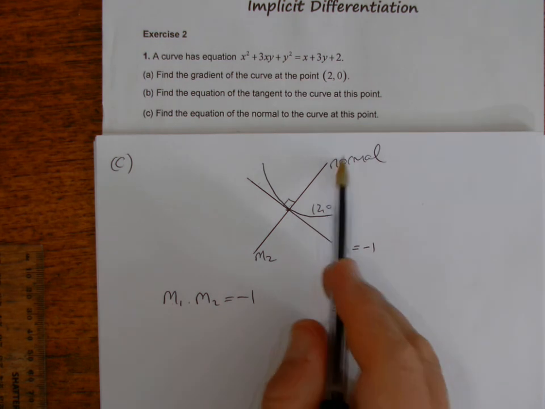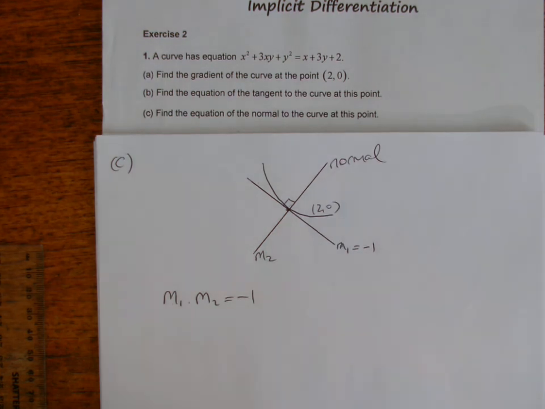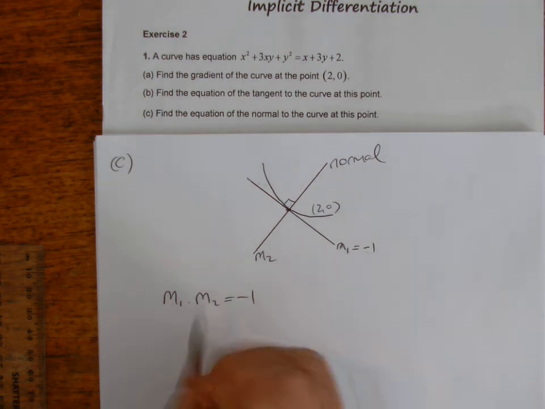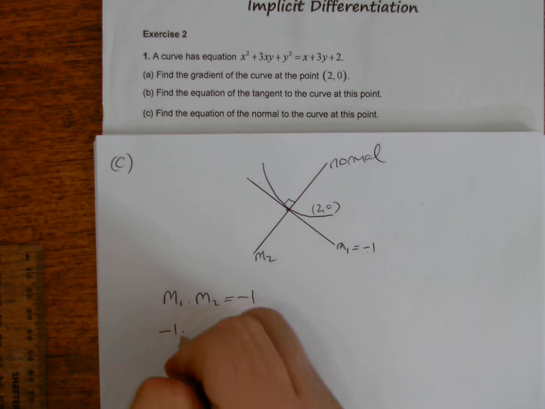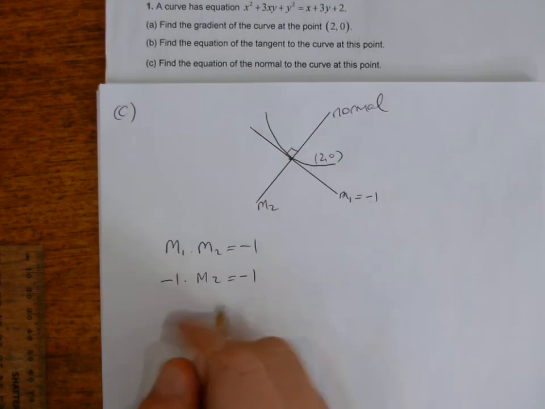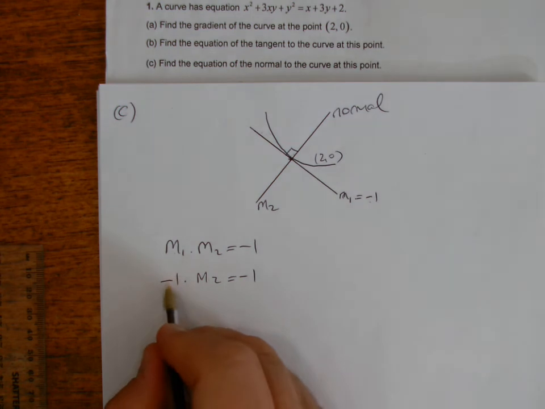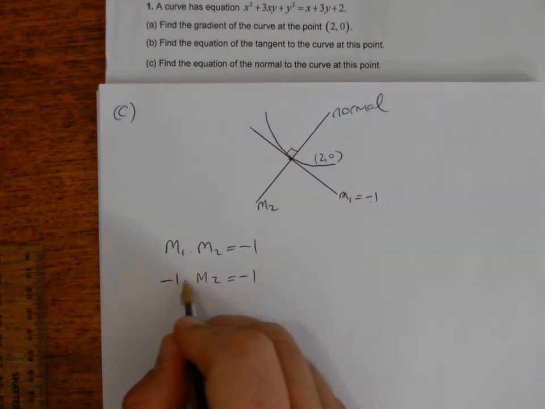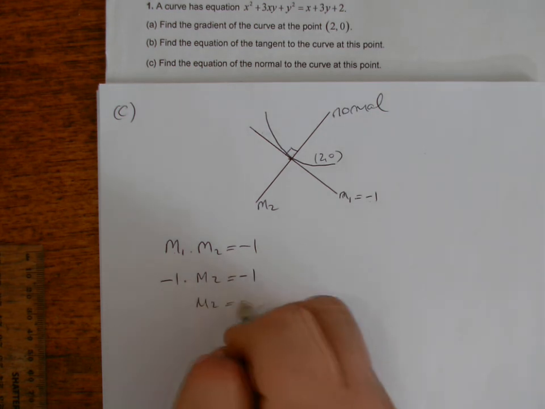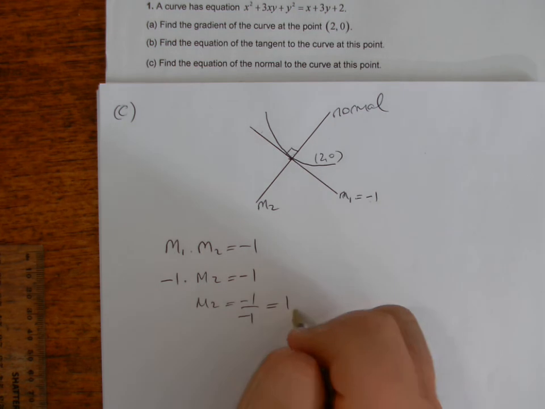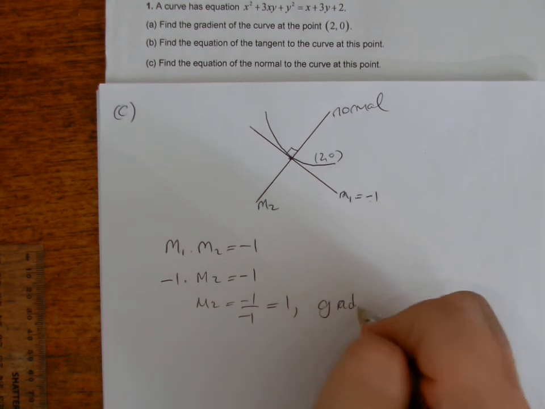And we know the normal is always perpendicular to the tangent. So you've got your tangent gradient here, which we worked out, so sub that in, -1 times m2 equals -1. And if you remember, what you do then is you take this value over to the side and you divide. And of course this becomes easy then, because -1 divided by -1 is just 1. So the gradient of the normal is equal to 1.